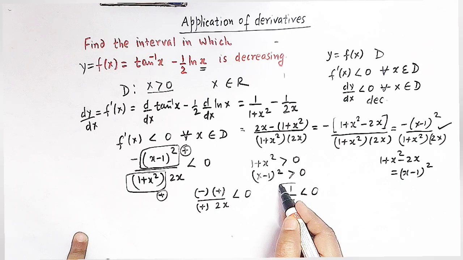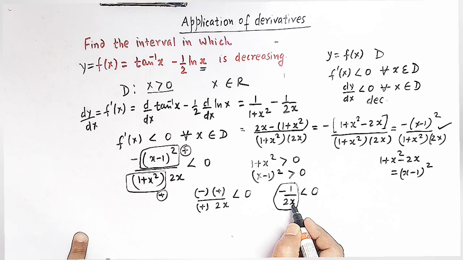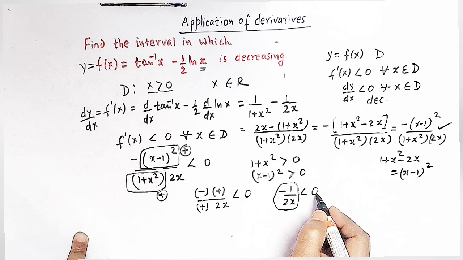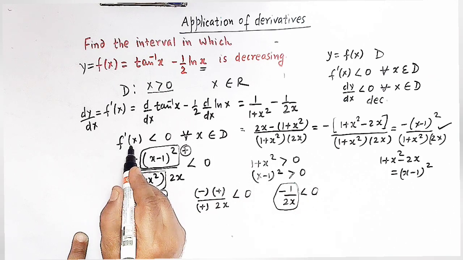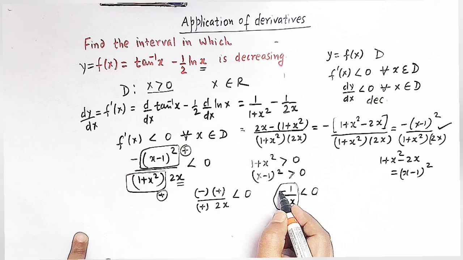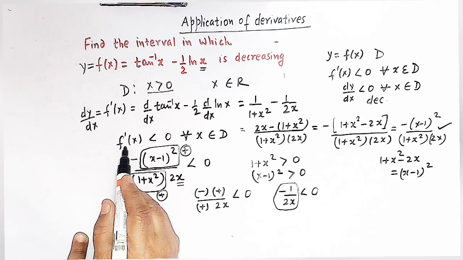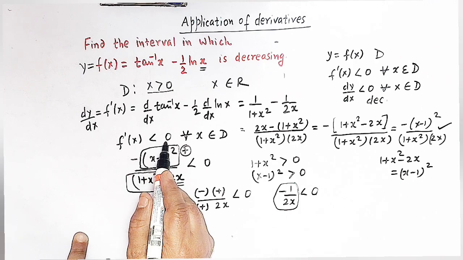So now this expression is less than 0 when x is greater than 0, because when x is positive, only then minus 1 over 2x is less than 0. So the derivative f prime of x is less than 0 whenever x is greater than 0 or x is positive, because here we have a negative sign, right? So here we should have a positive sign, because the derivative has to be less than 0.